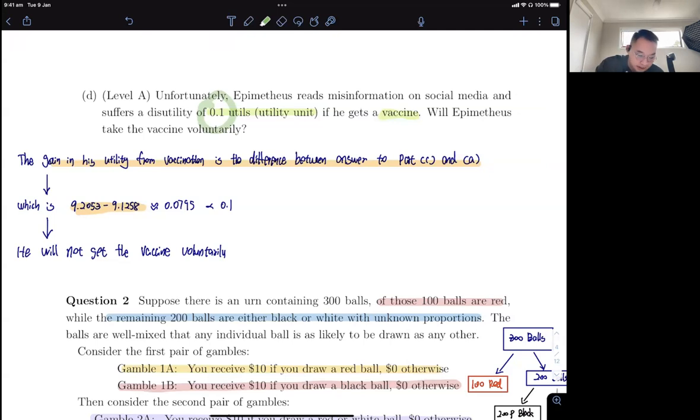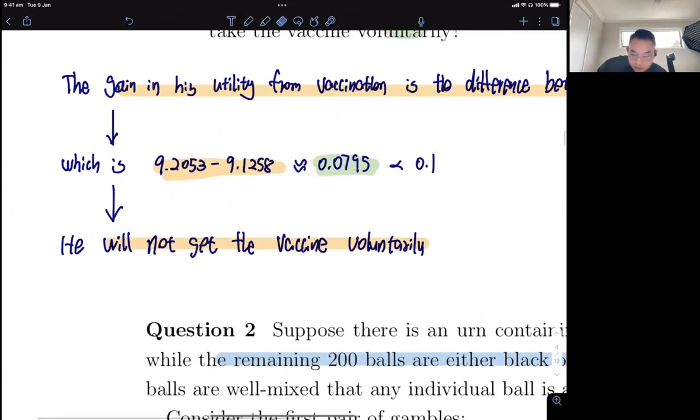However, in our case, the difference is only 0.0795, a very small marginal difference for his utility. Therefore, because 0.0795 is smaller than 0.1, he will not get the vaccine voluntarily. Why? Because this is the extra utility from taking the vaccine, which equals 0.0795.